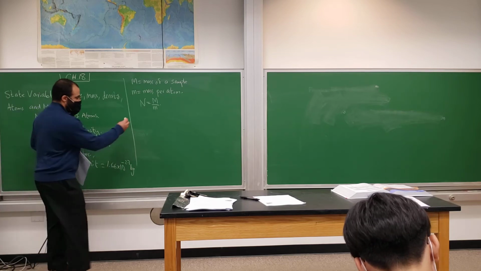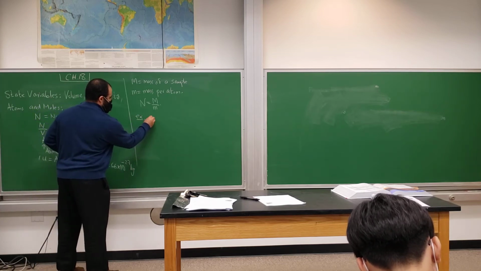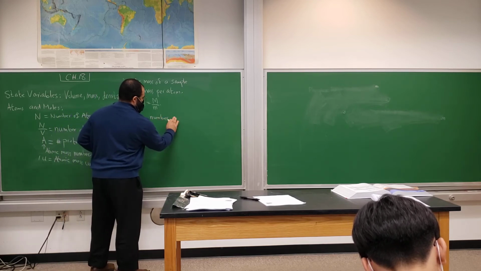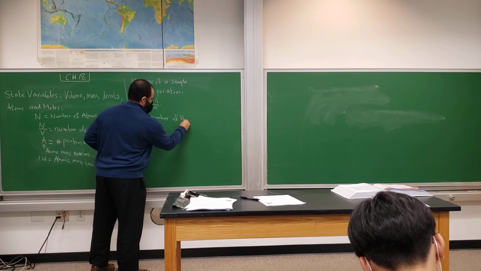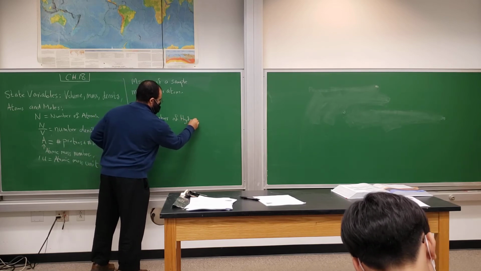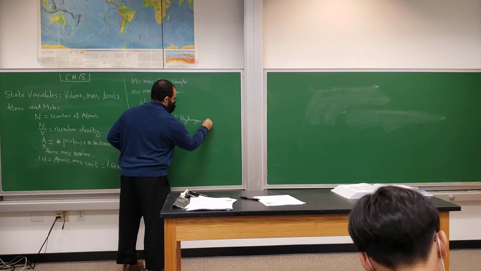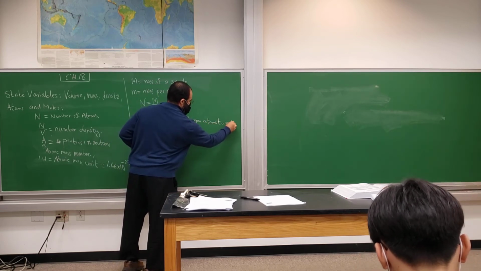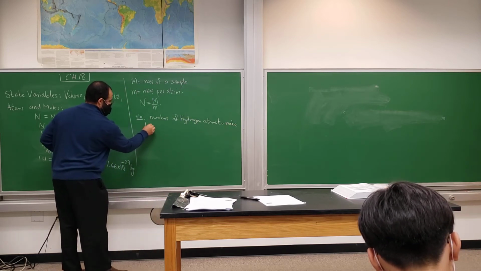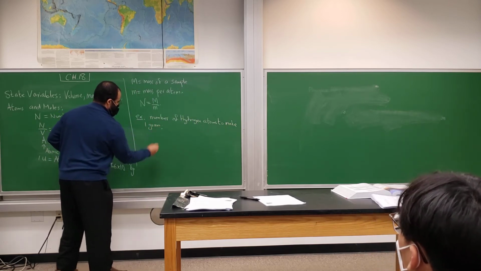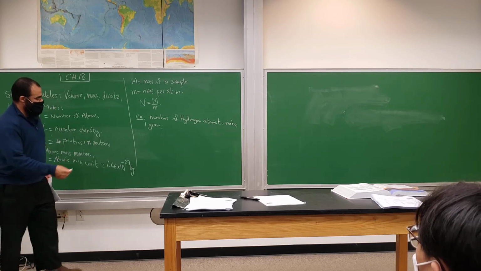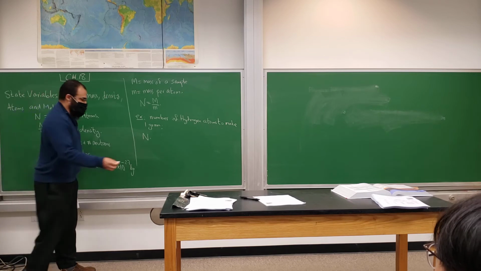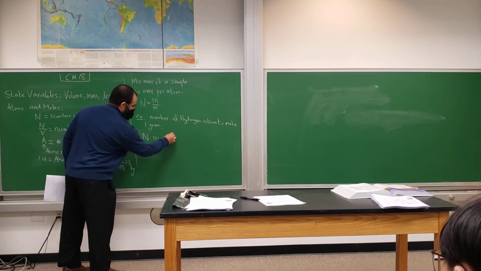Let's do an example. The number of hydrogen atoms to make 1 gram. I want N times the mass of each hydrogen atom to give me 1 gram.